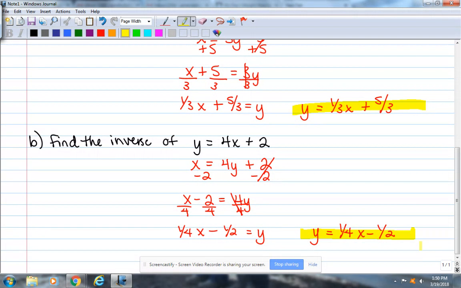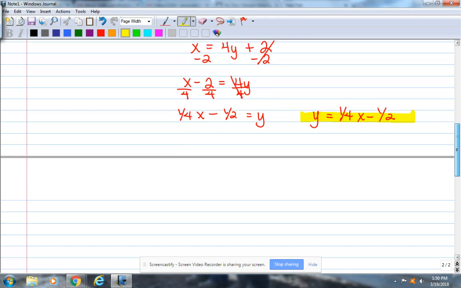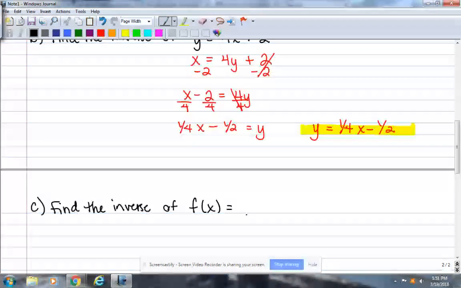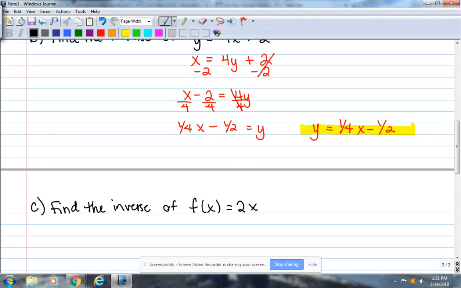Any questions? All right, let's do another one. Example B, here's example C. Okay, this one says f of x equals 2x plus 1/4.